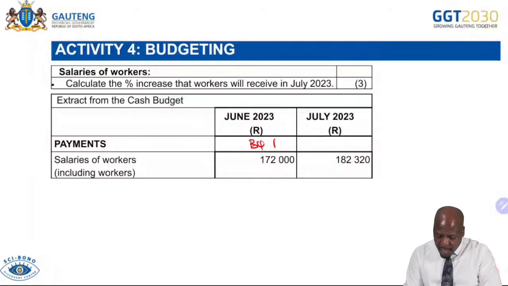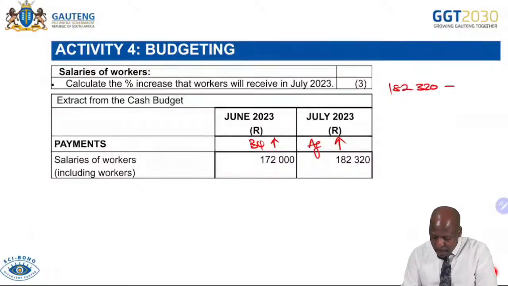So this is before increase and this is after increase. So after increase, these guys are getting 182,320. But before increase, it was 172,000. That means the difference is going to be 10,320.